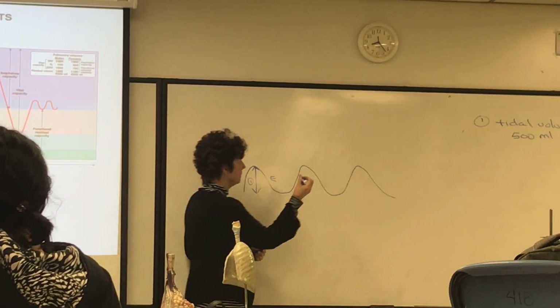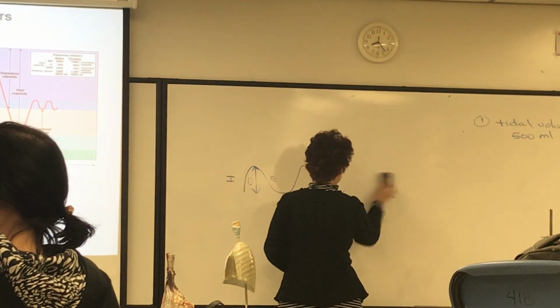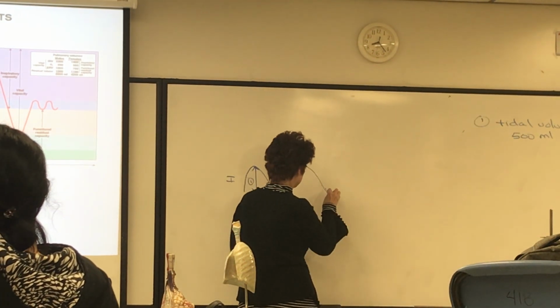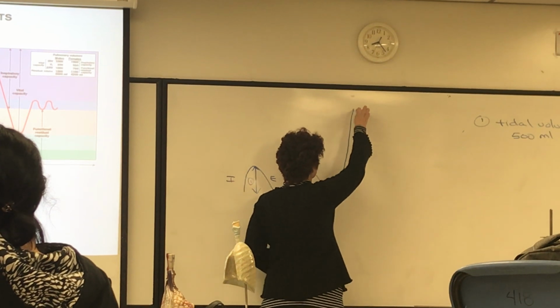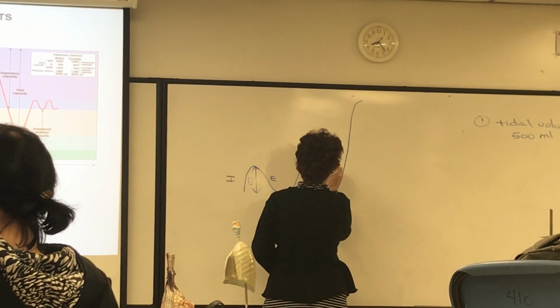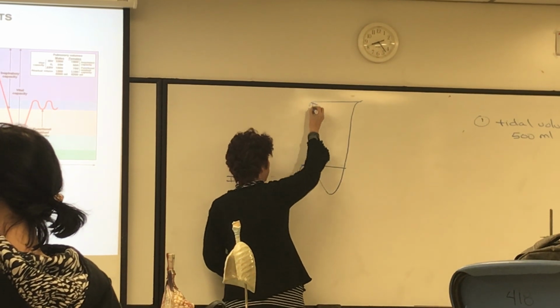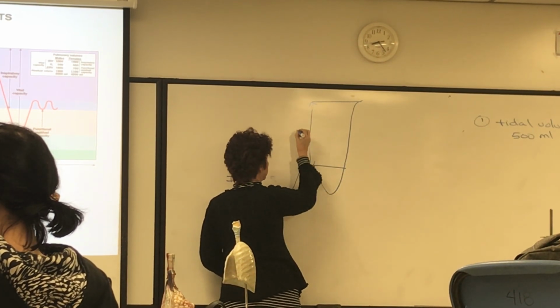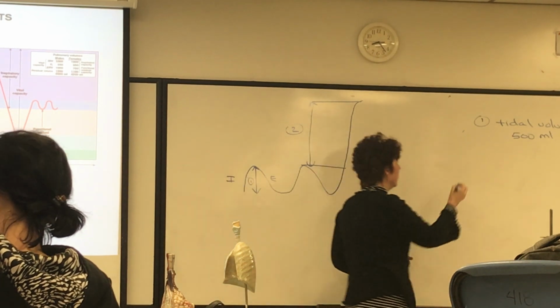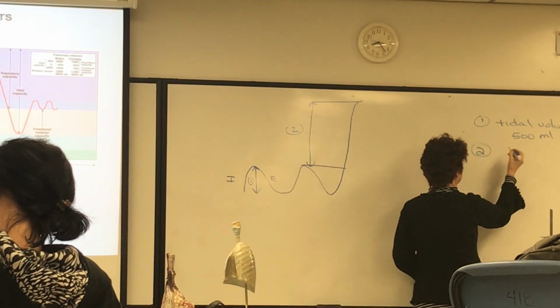So when I do that, let me give myself a little bit of room here. And that amount over and above is identified as my inspiratory reserve. So what I can breathe in above what my normal breathing in is.